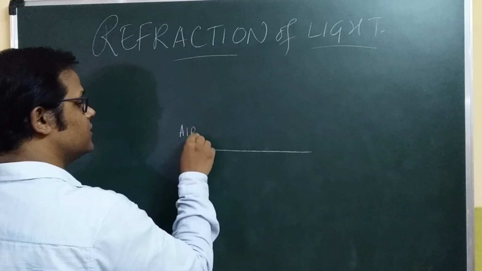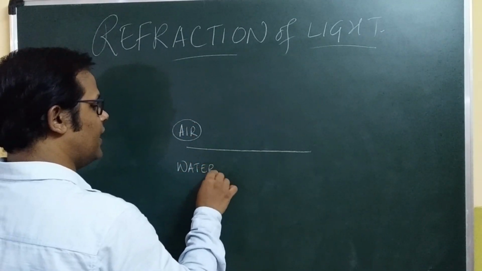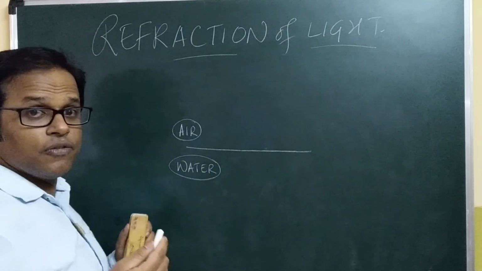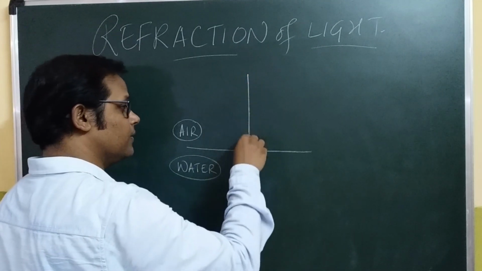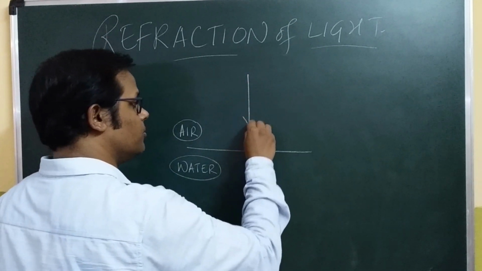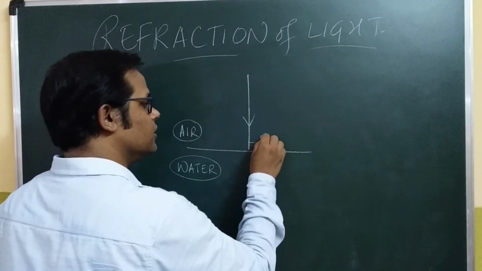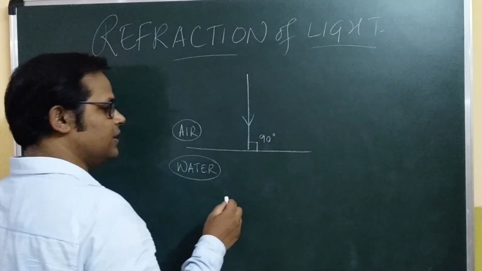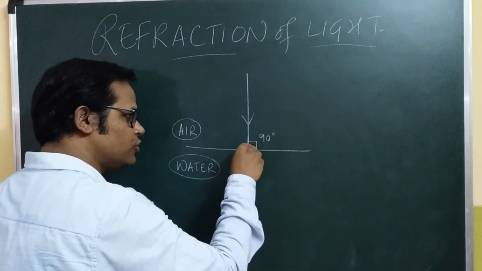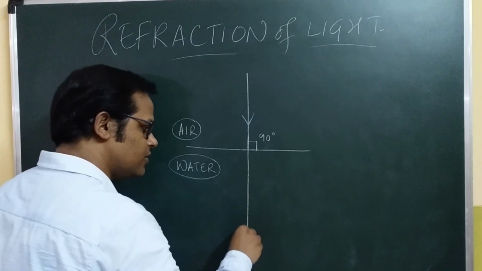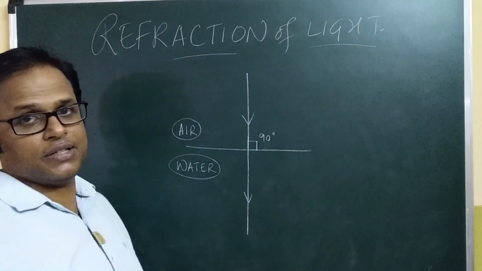Even if it was the same air and water medium, if you shine a beam of light along the direction of the normal, that is incident perpendicularly on the interface at an angle of 90 degrees, the ray of light would not have bent or changed its direction, rather it would have gone along the same straight path.